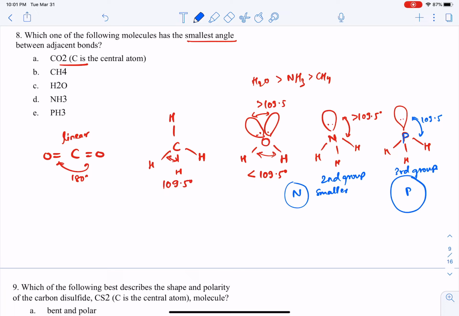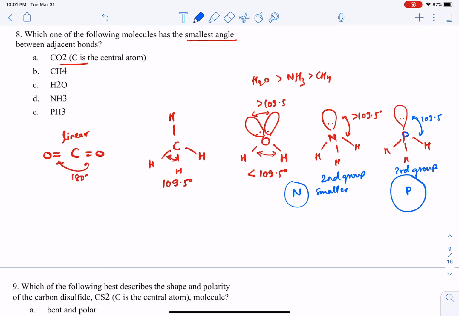So what happens is that the bonds between N and H are much closer, whereas in P they are farther because P itself is big, so there's repulsion between the electron clouds, and it's far away. So when the H atoms are close to each other, they repel each other much more. They repel each other too much.